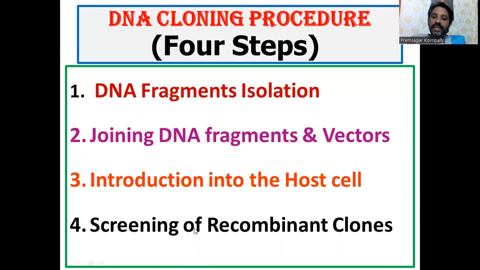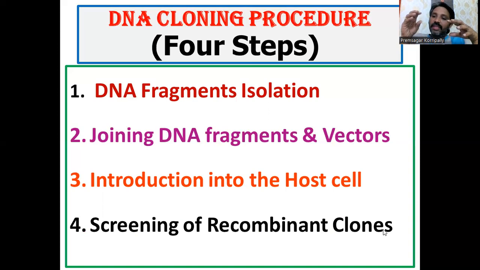The fourth one is screening of recombinant clones. Once you transform your vector insert containing DNA molecule into the E. coli or phage, the vector has a genetic selection marker.